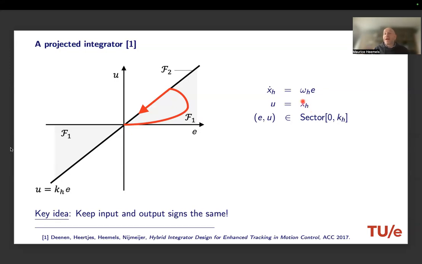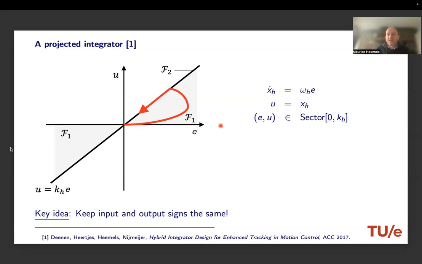By projection, I want to make sure that the sign of the input and the output is always the same. To make this more specific, I always want to make sure that the error-input pair always lies in a sector 0 to kh, which is the gray area depicted over here.